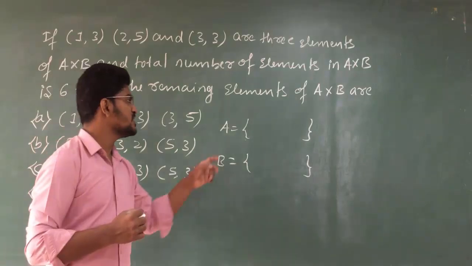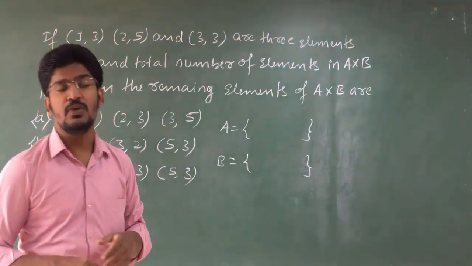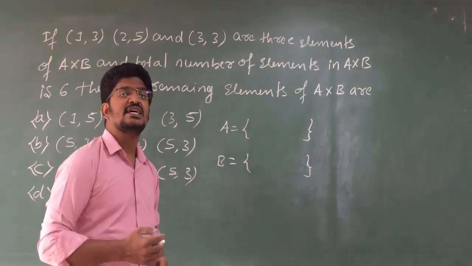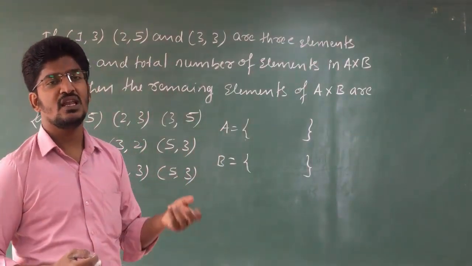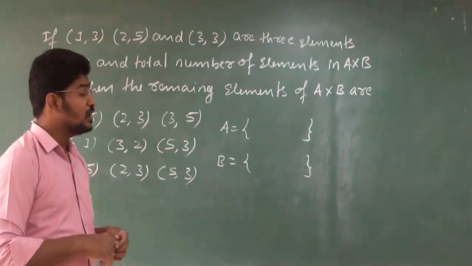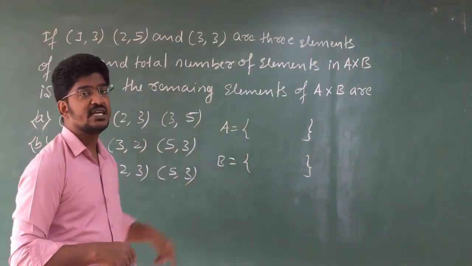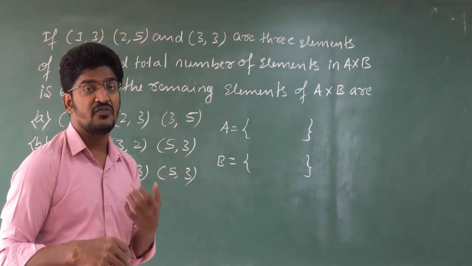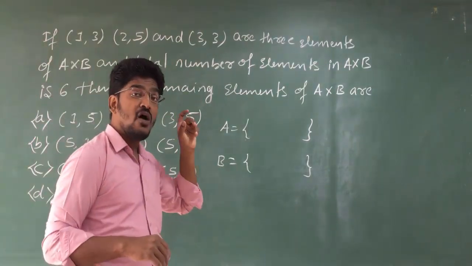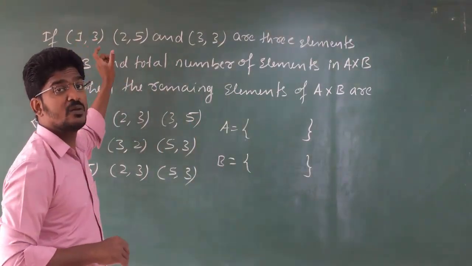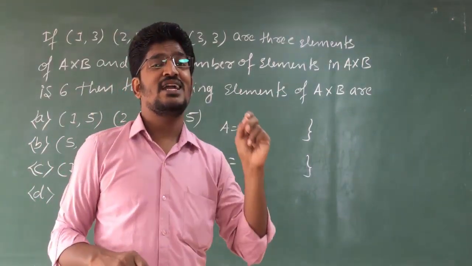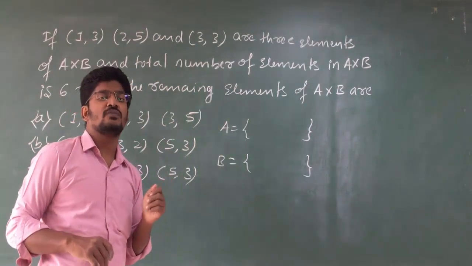Here the two non-empty sets are set A and set B. So let us find set A and set B first, so that the remaining thing will be very simple. To find set A and set B, it is clearly explained in the Cartesian product definition that in the ordered pairs, the first element will be from set A and the second element will be from set B.